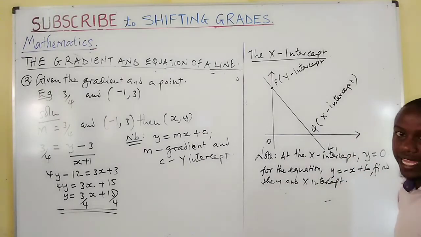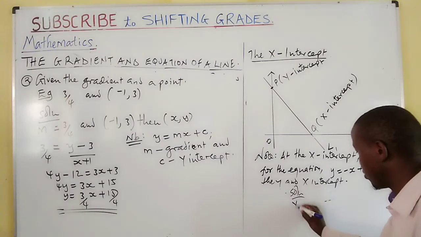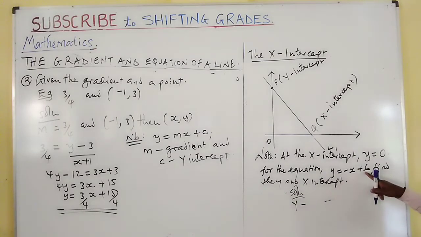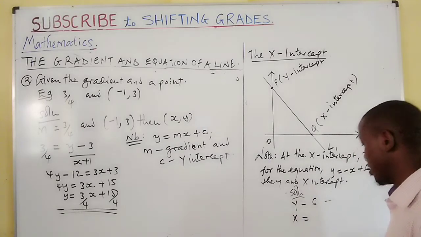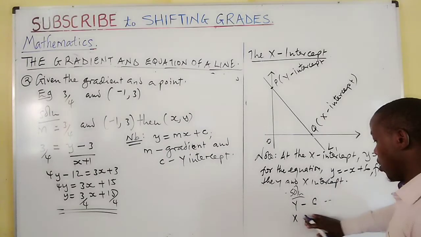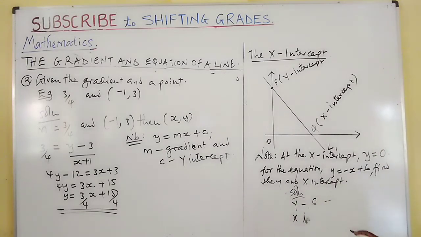In this case, solution, the y-intercept is the constant part, so it will be 6. And for the x-intercept, at the x-intercept y is always 0. Therefore, where we have y here, we put a 0.